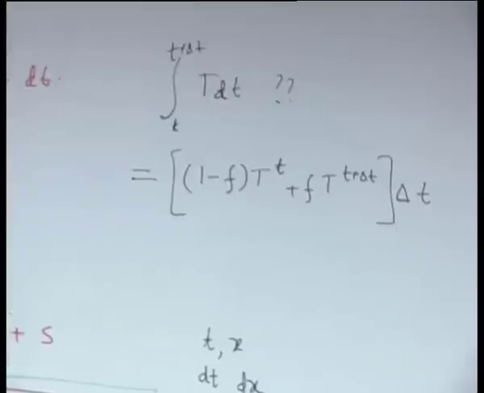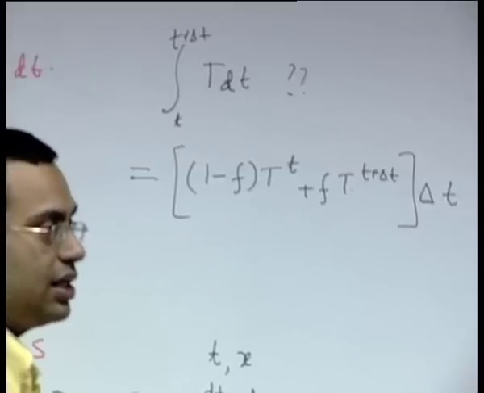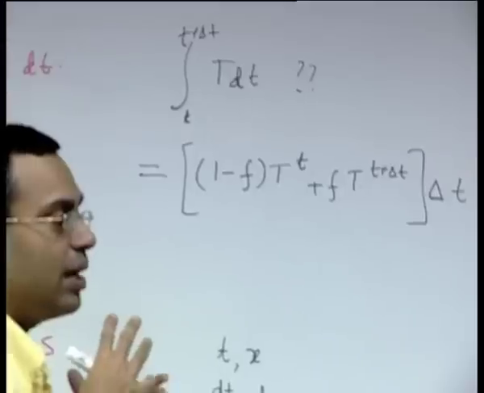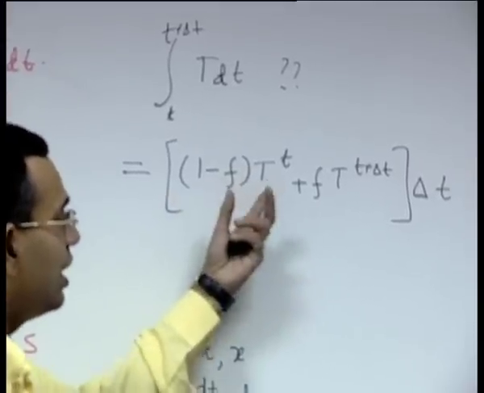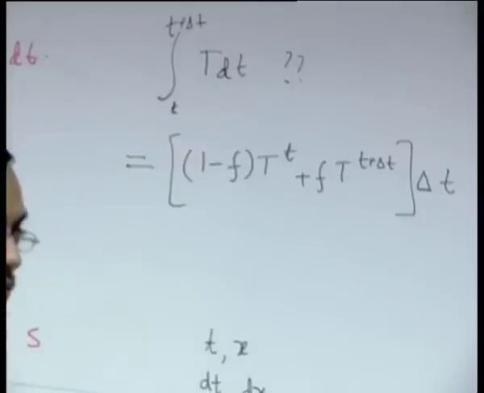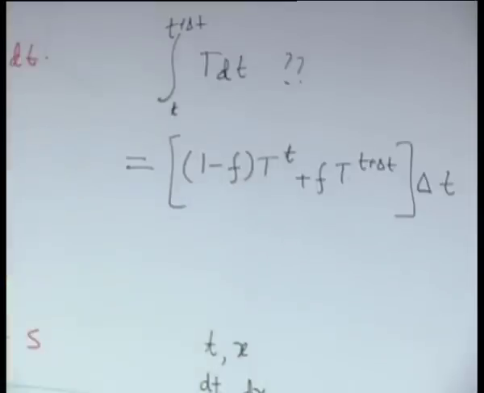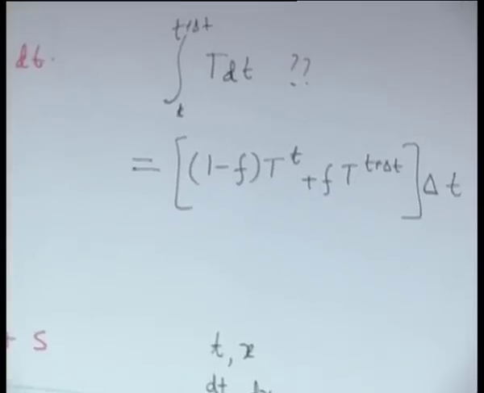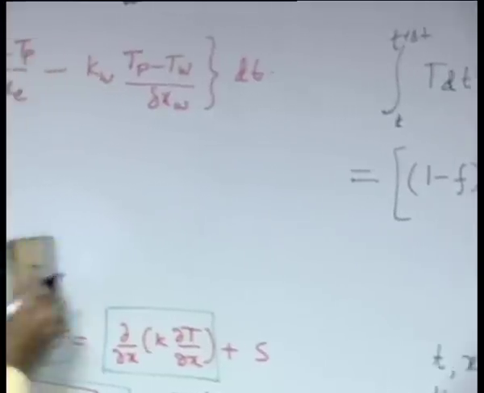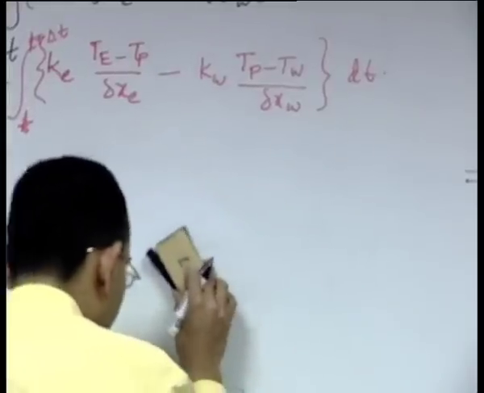So the entire temperature variation within the time step from t to t plus delta t is considered to be a weighted combination of something that has to do with the temperature at t and something that has to do with the temperature at t plus delta t, where f is a weight. Depending on the value of this weight, we can have different schemes. So let us write the general form of the scheme, and then we will assign different values of f and see physically what it interprets.